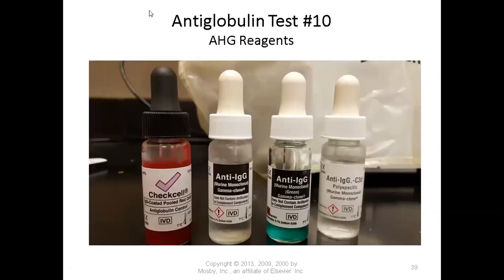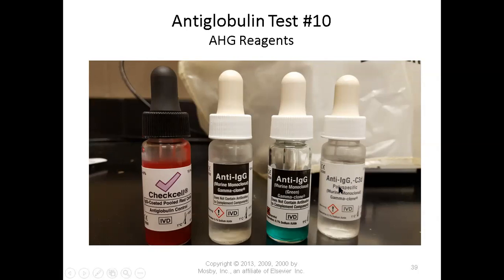So this is a picture that I took of AHG reagents. And so here we see our different anti-human globulin reagents. Let's start with this one on the far right. The label tells us it's polyspecific. And you can clearly see here it's telling us that this is antibody against IgG and C3d.